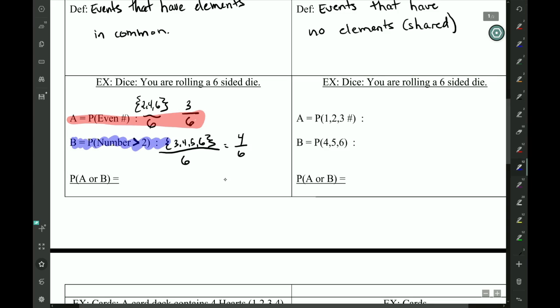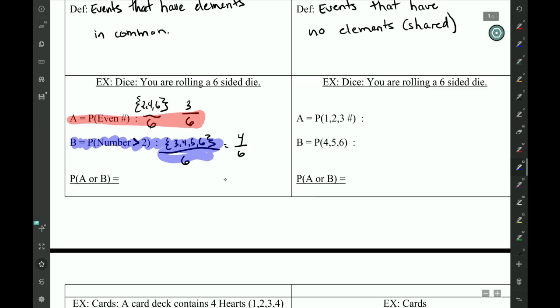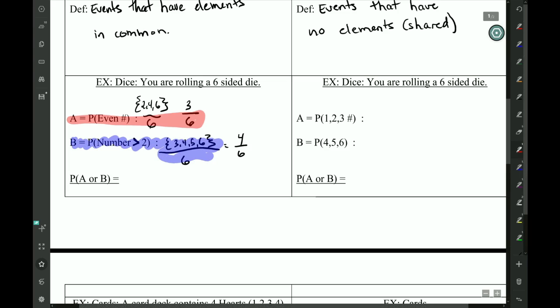Now, the probability of A or B: they're overlapping. This is where it can get tricky and why I recommend writing out the numbers. A or B means, if we were to write everything out, we are getting either a 2, a 4, or a 6, that's from A, or we're getting a 3, a 4, a 5, or a 6, that's from B. Well, we counted things twice.